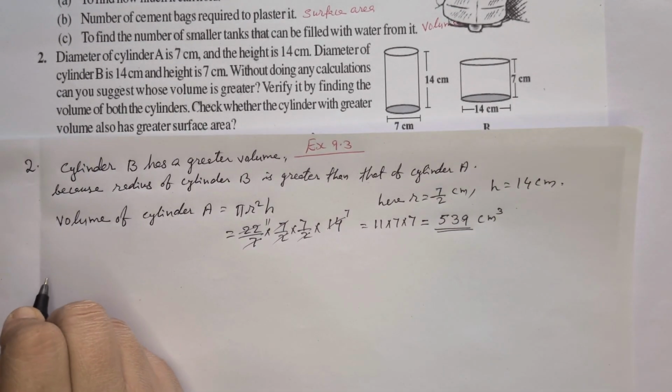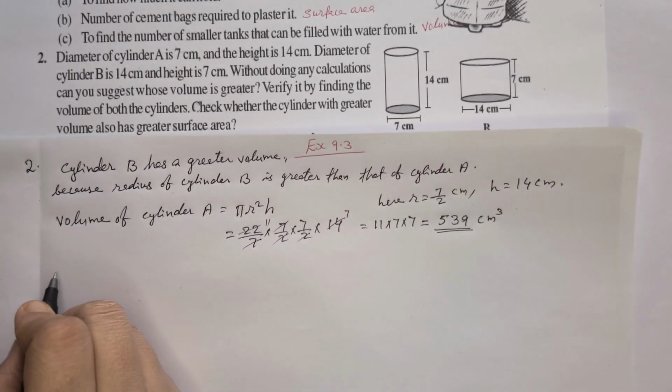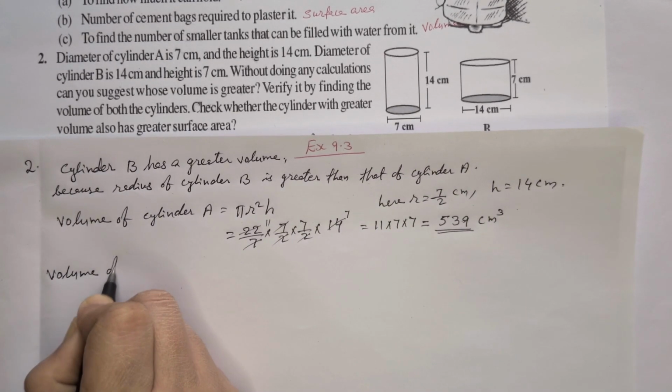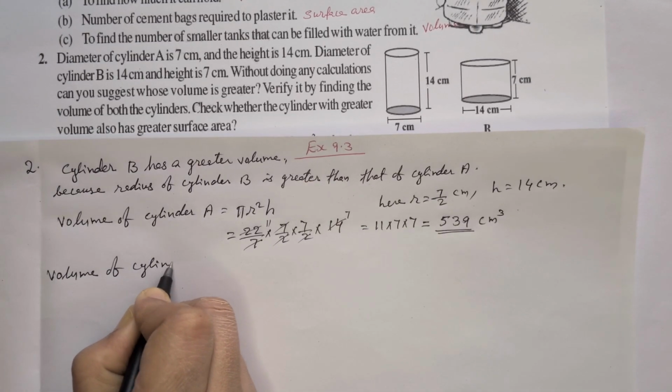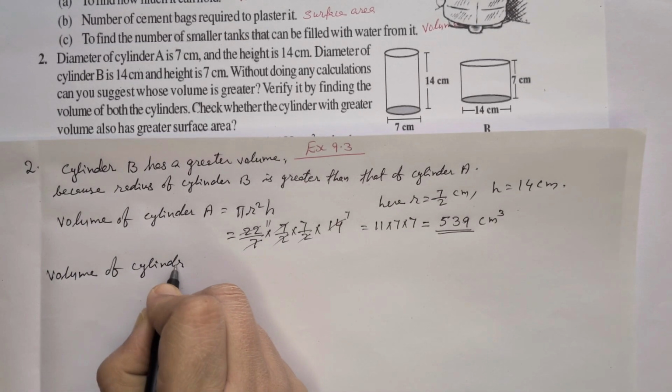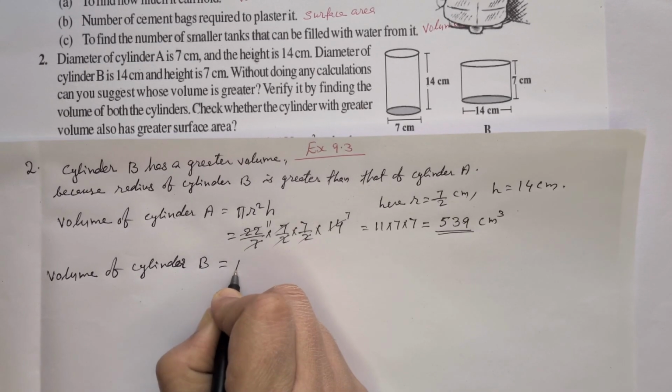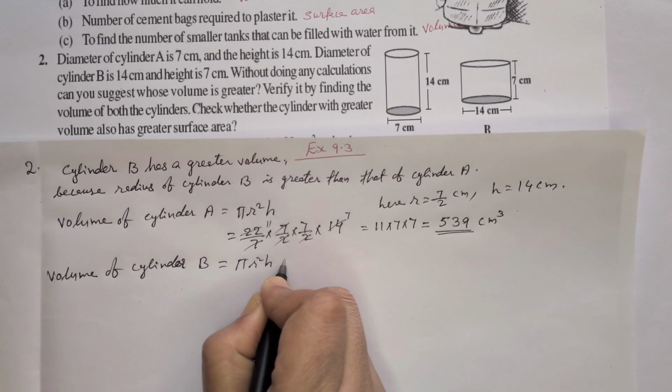Same way we have to find the volume of the second cylinder B. Volume of cylinder B is equal to, formula same, pi r square h.